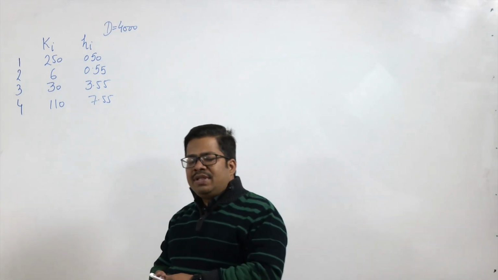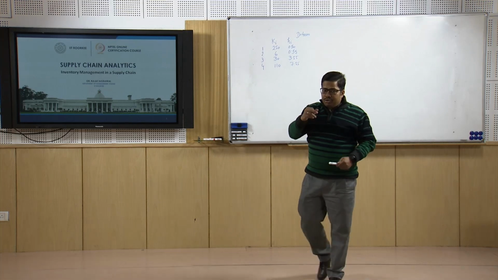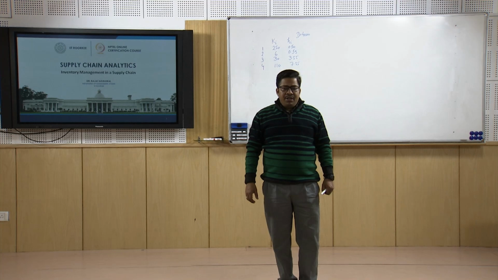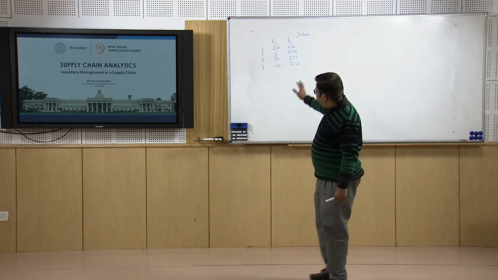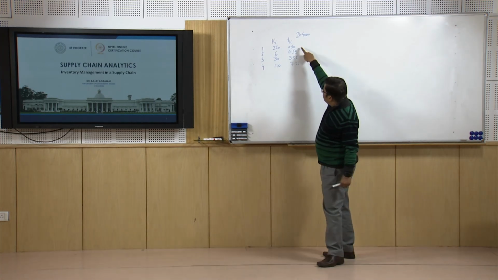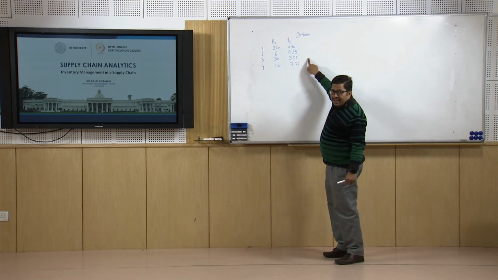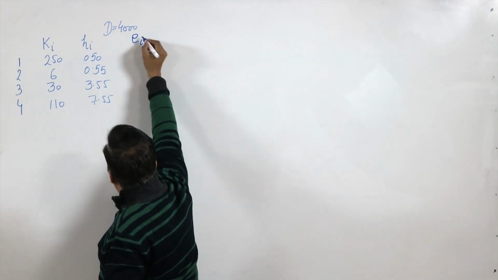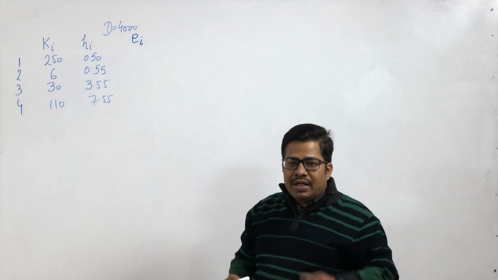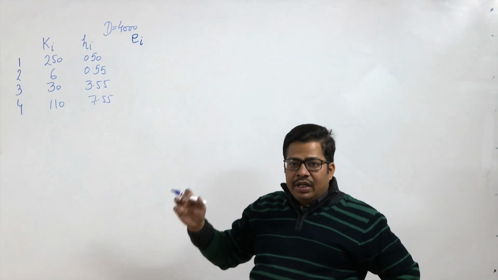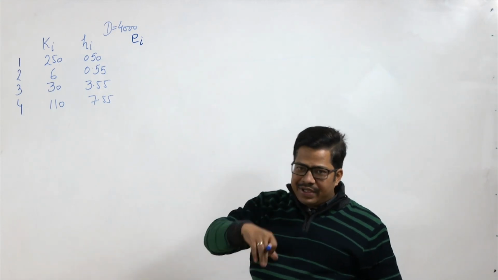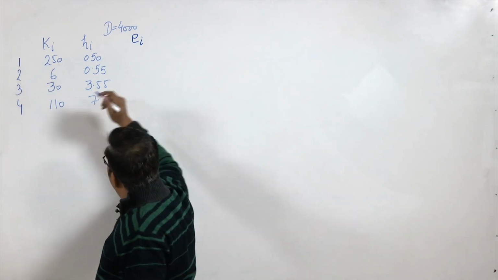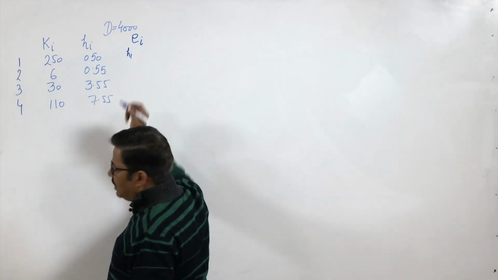Now, as we said, to apply the EOQ model in this particular case, we will consider the case of echelon inventory, not the installation inventory. These are the holding costs given for the installation inventory. So, now we will have the concept of EI, that is the echelon holding cost, not the installation holding cost. In case of installation 1, it will be simply H1.